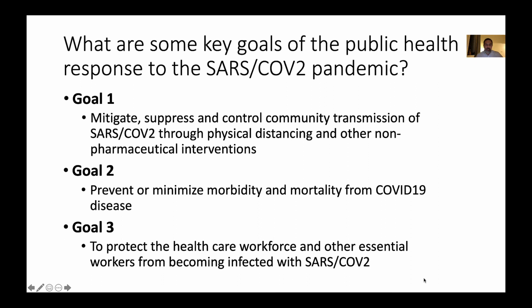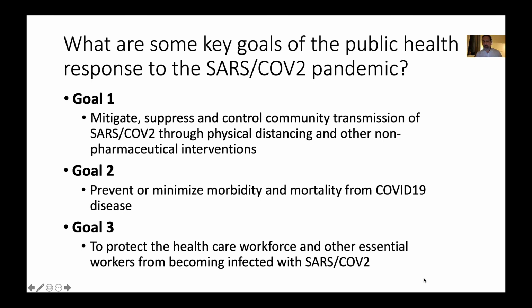Goal 2 was, after trying to control community transmission, to prevent or minimize morbidity and mortality from COVID-19 disease. And the last goal that we put out there was to protect the healthcare workforce and other essential workers from becoming infected with SARS-CoV-2. So we set this up as at least three key goals to the public health response to the SARS-CoV-2 pandemic that we thought were important.